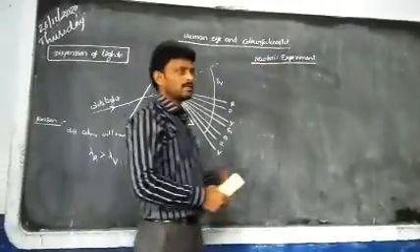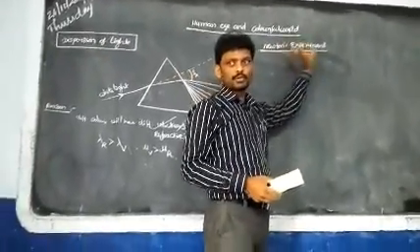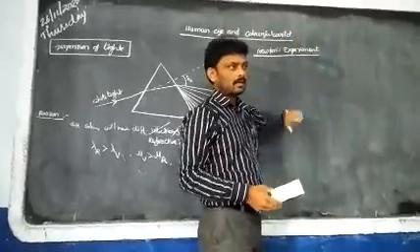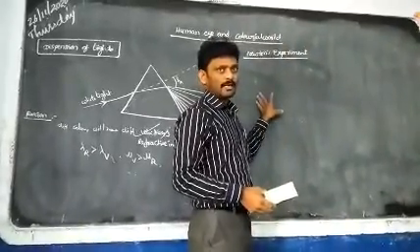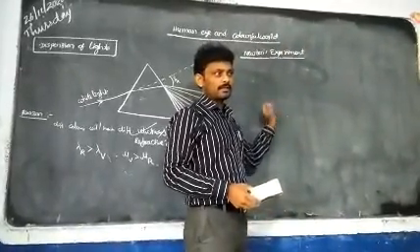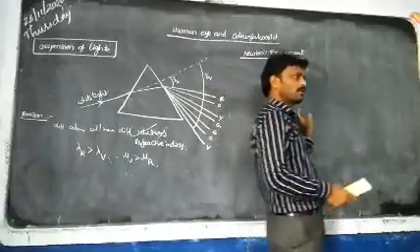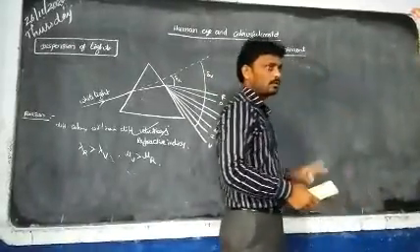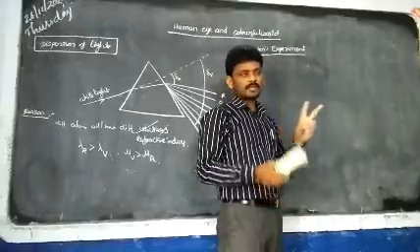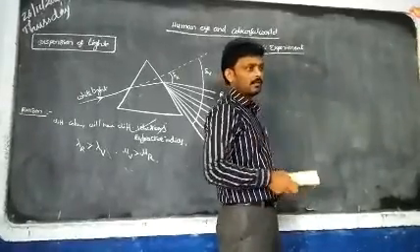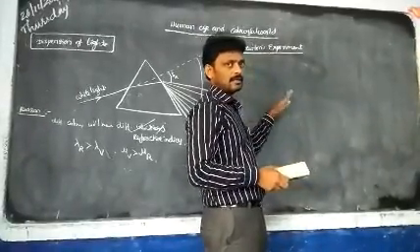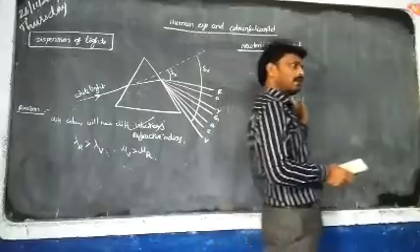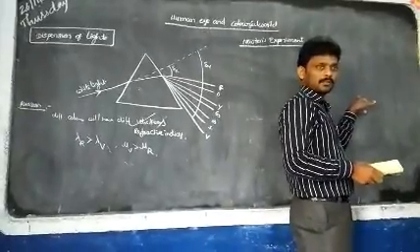Explain Newton's experiment to show that white light incident on a combination of two prisms kept in contact comes out again without any dispersion. White light is incident on the combination, but what you are getting again is white light.